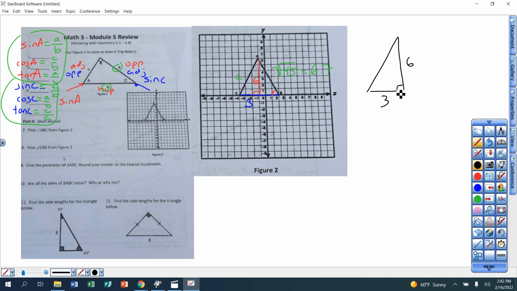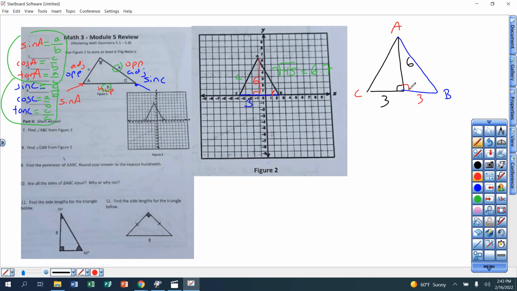It's a right triangle, so I'm able to use trig. They want you to find angle... This is C. Another part of my triangle. So that's the part of the triangle I have, right?